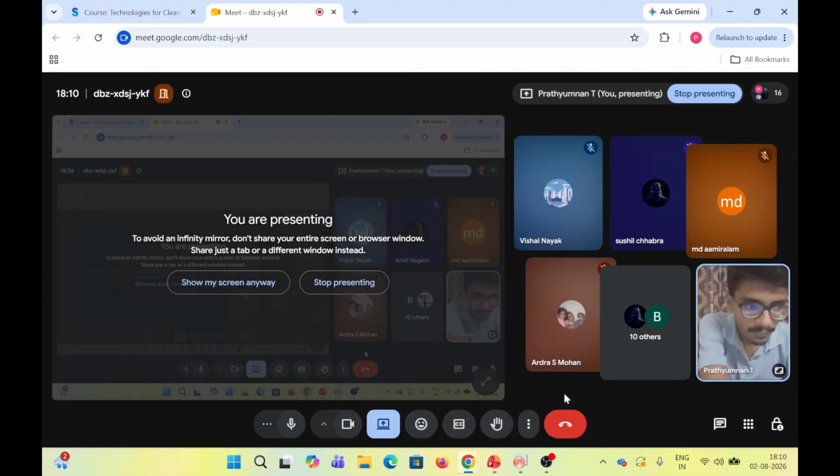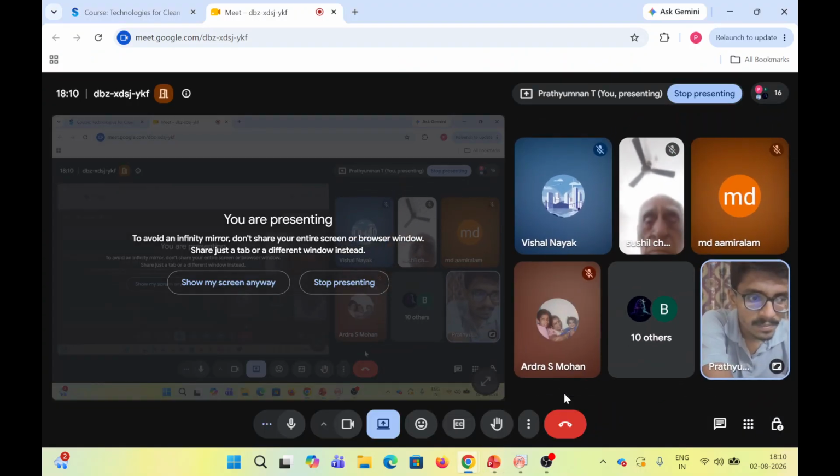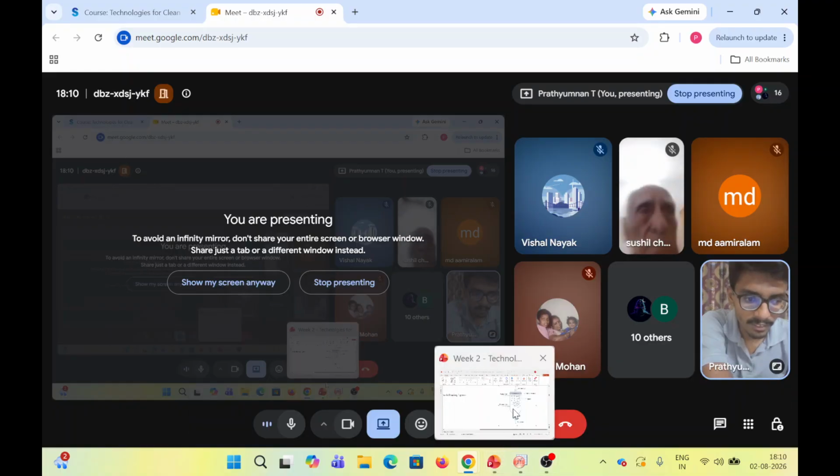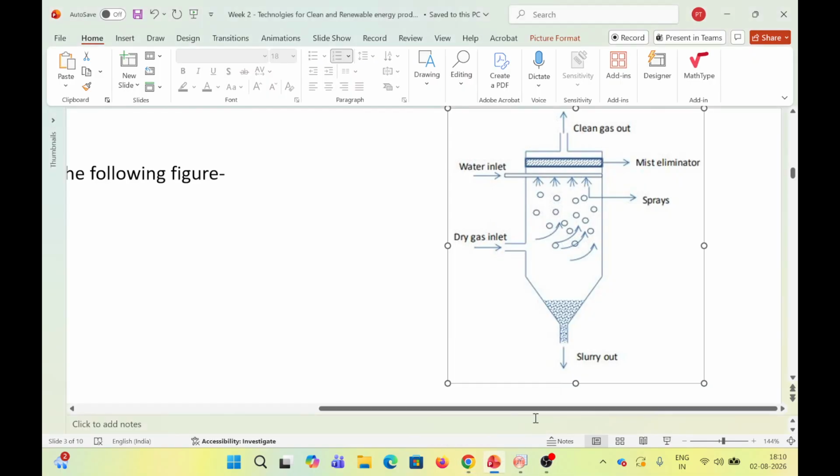Anyone? Why is the water in the form of droplets? Why is the water sprayed?